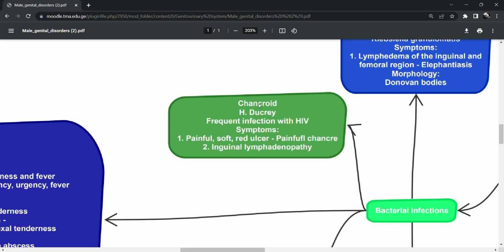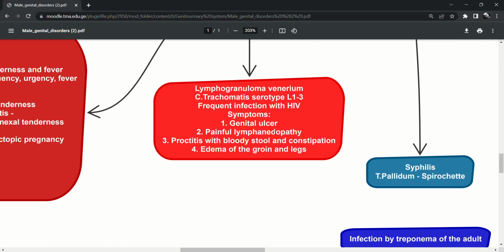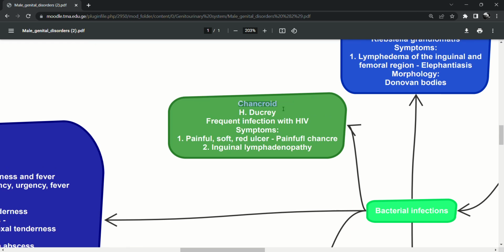Okay, now let's get to the other genitourinary tract disorders. There is chancroid, which is also known as soft chancre, caused by Haemophilus ducreyi. This is the causative bacteria causing this disorder.